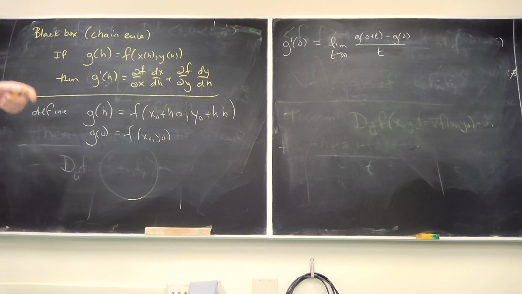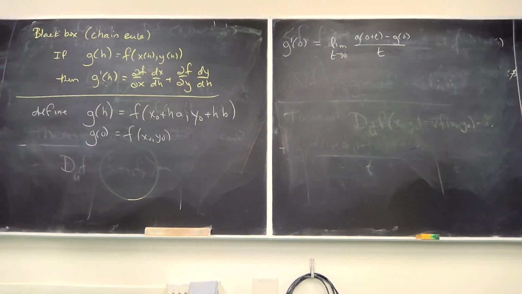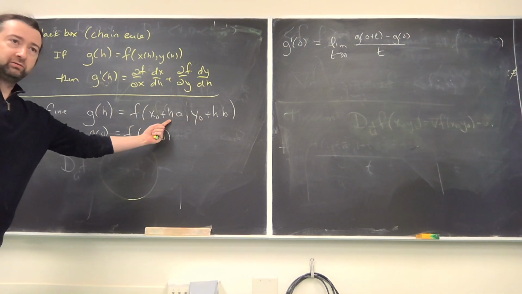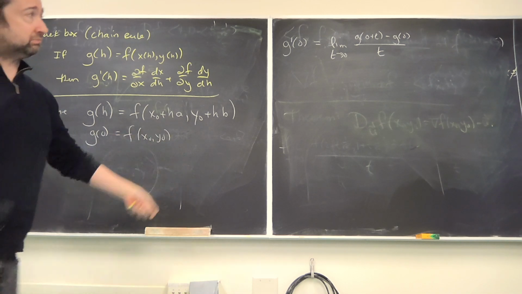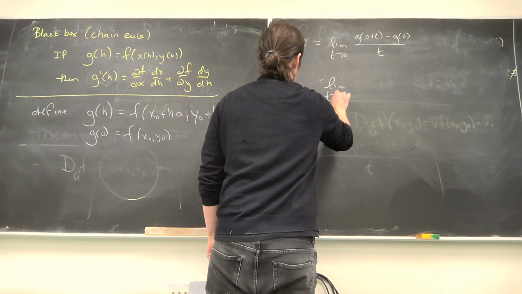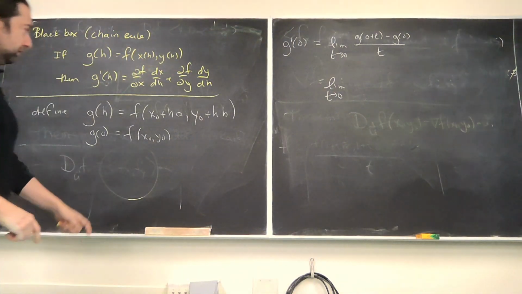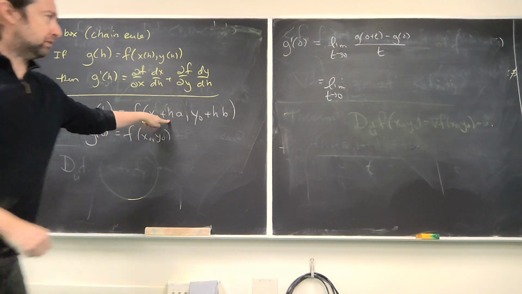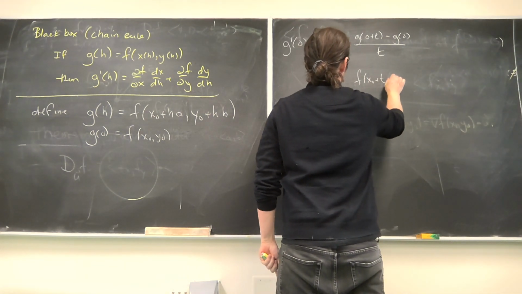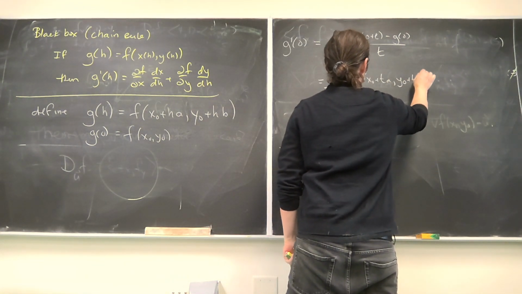But what is g of 0 plus t? Well, that says everywhere you see an h in this formula, put a 0 plus t. The limit as t goes to 0 of, okay, so if there's a t here, don't we get f of x naught plus ta, comma y naught plus tb?